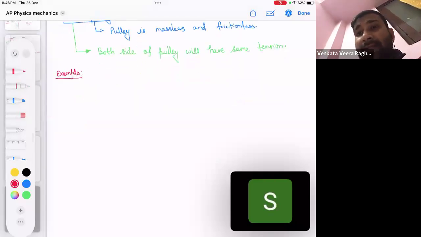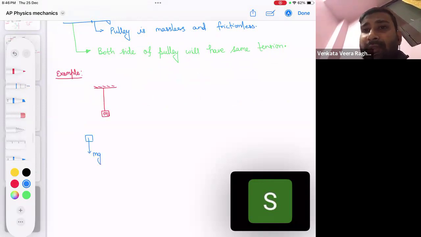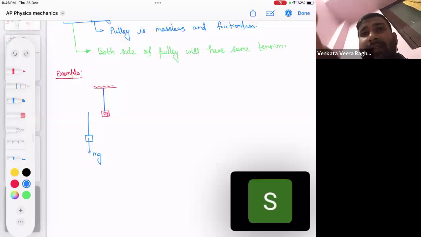Can we discuss now? See, in this example, this is the simplest example I am taking. Just tell me what is the direction of tension. This block is M. Let's draw the forces acting on this M. The first force is the simplest one, mg. The second force is tension, which will be along the string. Is it how the string is connected? Check it.